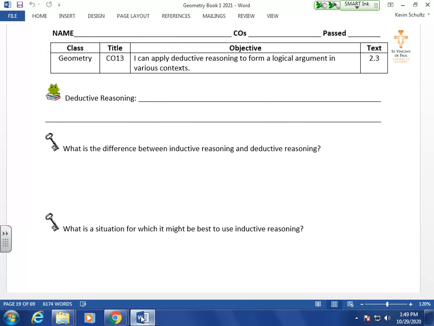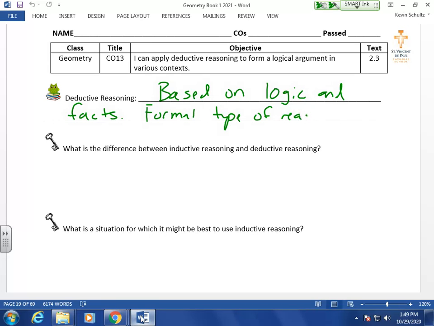It's very informal. Deductive reasoning is based on logic and facts. Okay? It is a formal type of reasoning. Based on logic and facts is a formal type of reasoning.